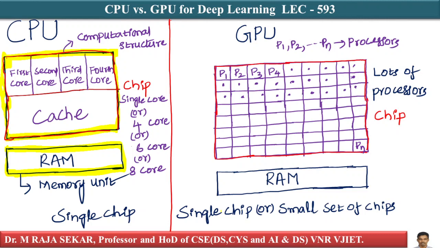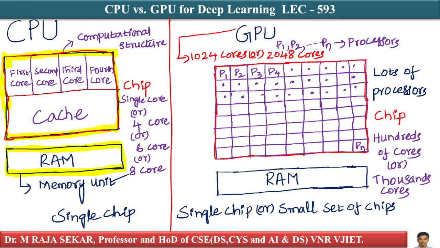But in the case of GPU, it is very common to see hundreds of cores. You can get GPUs with 1024 cores, or even 2048 cores. That is the beauty of GPUs.